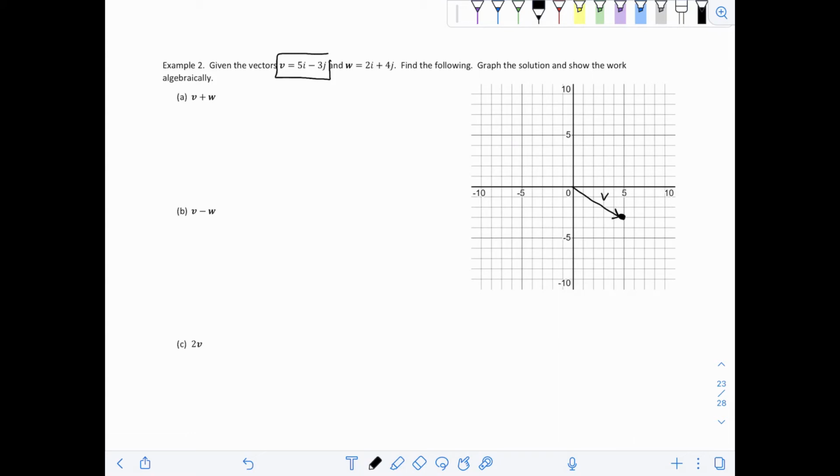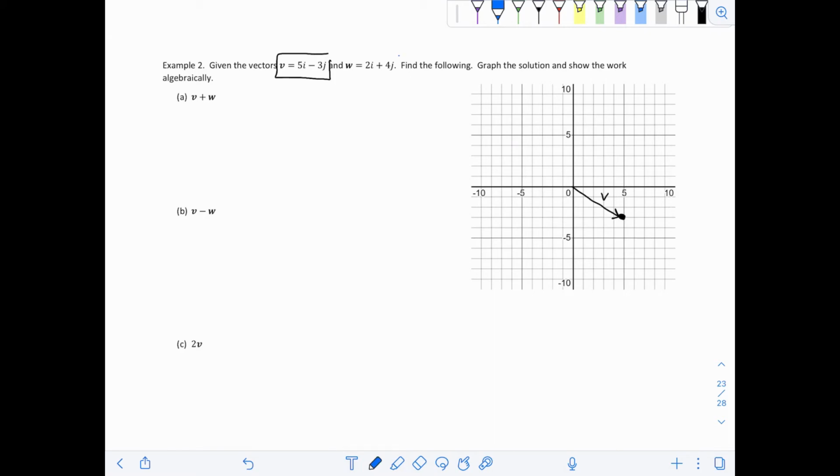So the first thing that we're trying to do is add vector v plus vector w. So what does this mean, graphically speaking? It means if we had drawn vector v like we did, then we use that terminal point to start the next one, and we draw vector w.